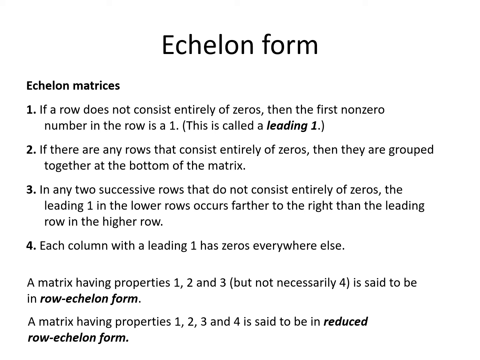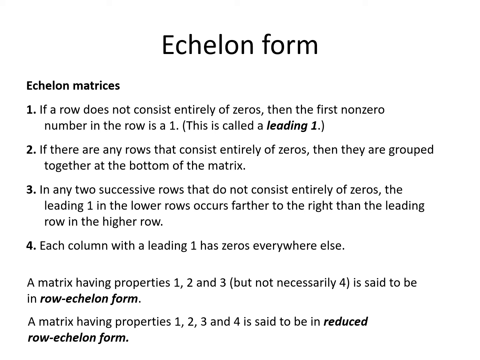Echelon matrices: if a row does not consist entirely of zeros, then the first non-zero number in the row is 1.